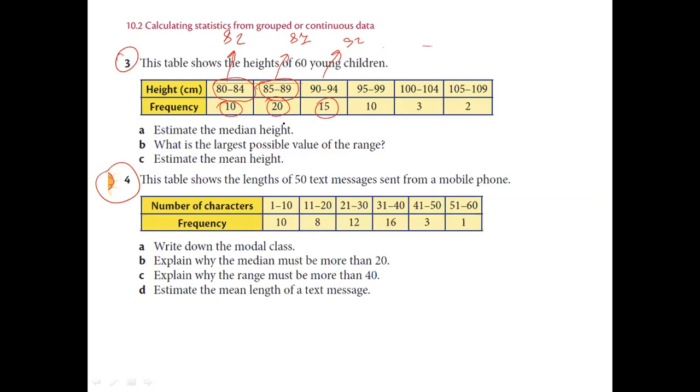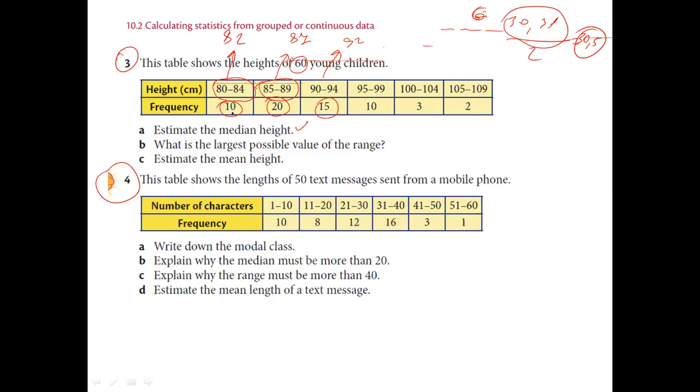So what's the question? Estimate the median height. What's the median height? We need the middle value of 60. So it's the 30th and 31st, because it's an even number. That's why we'll take two values and divide by 2, which is equal to 30.5. Am I right? Yes. So we need the 30.5th or 31st student.